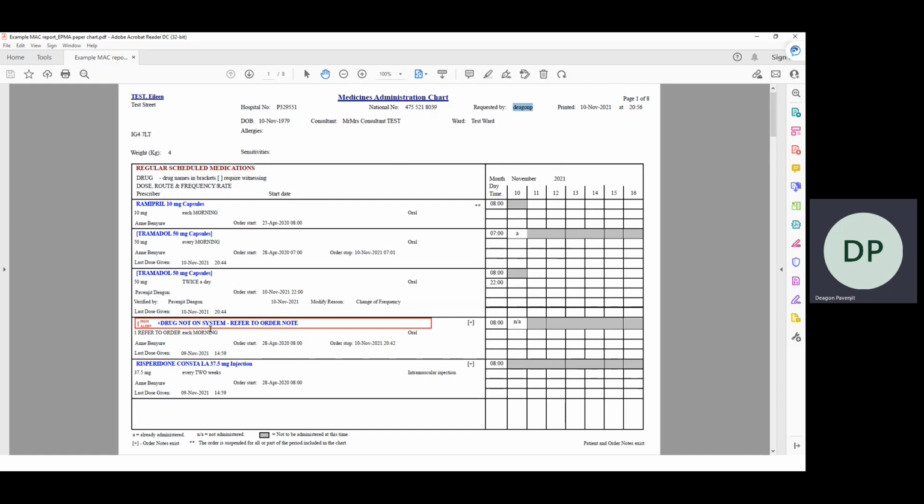For medicines such as drug not on system, there are some additional information such as the plus sign. I will come to that shortly, as there is a key at the bottom that I will go through. And you will see for each of the medicines prescribed, there is a route stated.